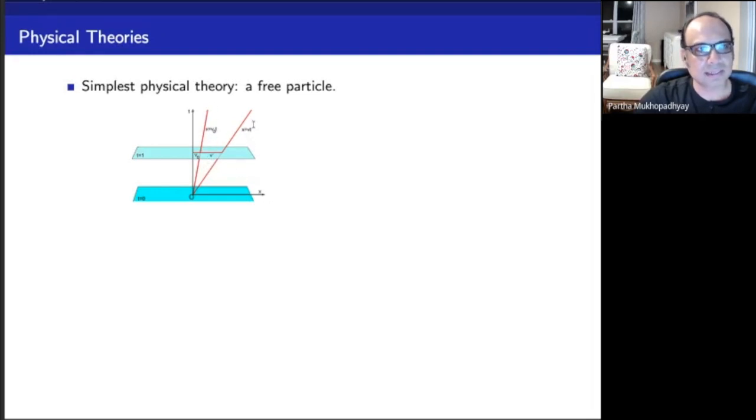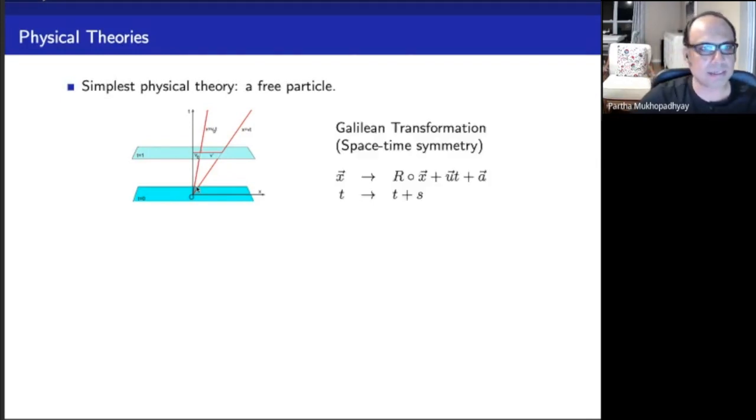Now, this general feature of the physical trajectory does not depend on where you start from, when you start, and what the initial velocity is. All these features appear as some parameters in the physical trajectory, and different parameters are related by certain transformations. In this case, it is called a Galilean transformation. It's a space-time transformation. You can see that both space and time have translations.